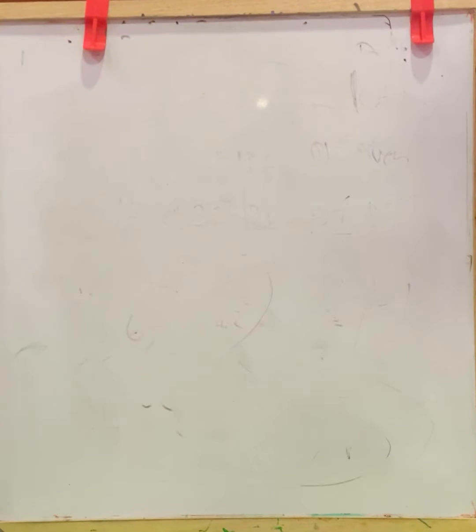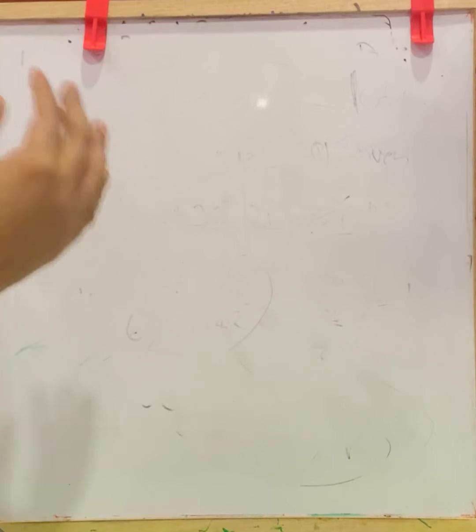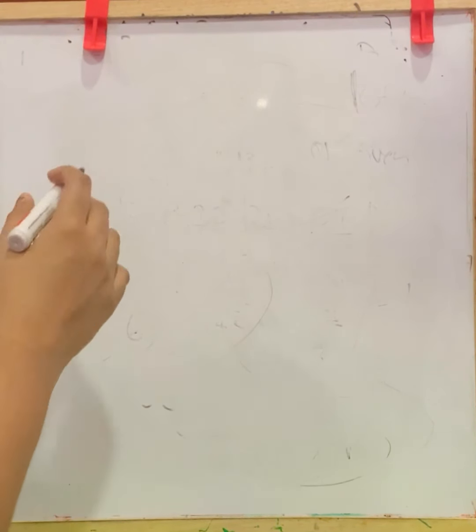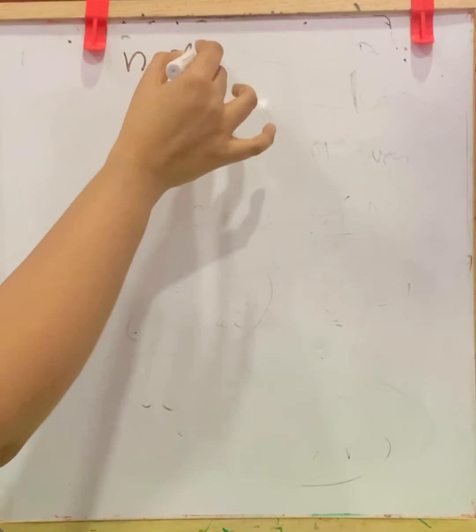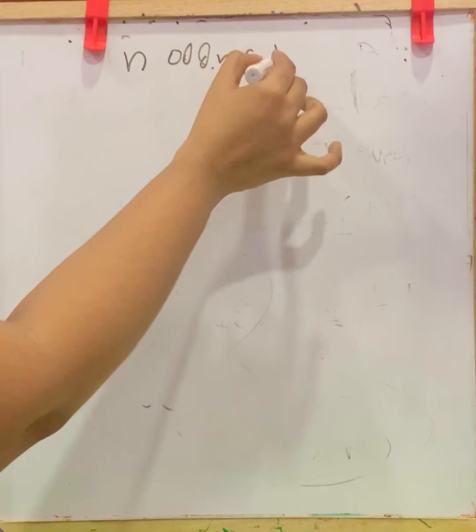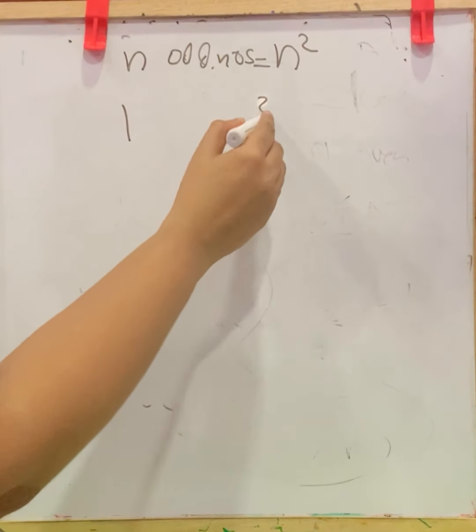Before, in the introduction, we found that a square number can be expressed as the sum of odd numbers starting with 1. So from that we can generalize that if there are n odd numbers, then the result will be n square. That is, 1 odd number, then the result is 1 square.